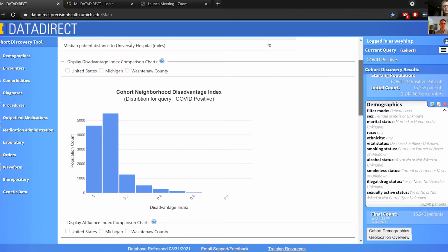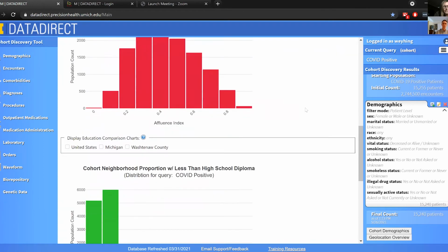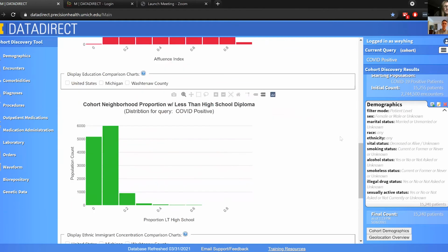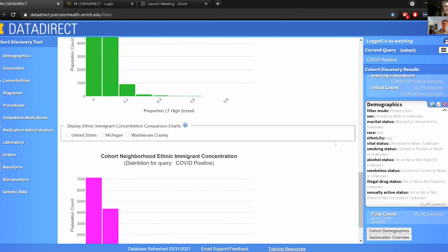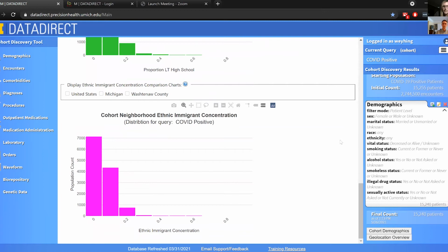So the different summary characteristics include neighborhood disadvantage, neighborhood affluence, a measure of the educational levels across the neighborhoods, as well as a measure of the neighborhood ethnic immigrant concentration. So this just gives you a nice snapshot of what those characteristics look like for the population of interest.